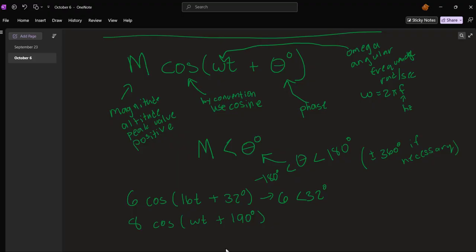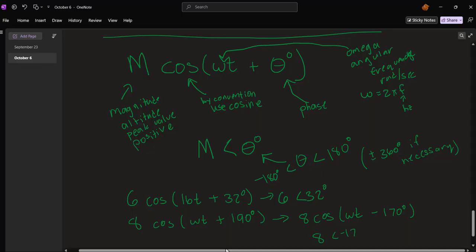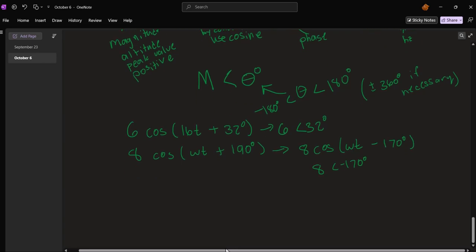So I would subtract 360 from it, and I get 8 cosine omega t minus 170 degrees, and that would be 8 angle negative 170 degrees. I'd subtract 360 because subtracting 360 gets me between plus or minus 180.